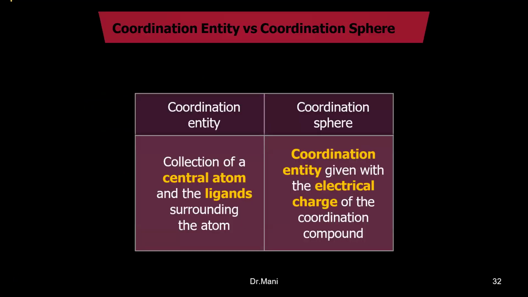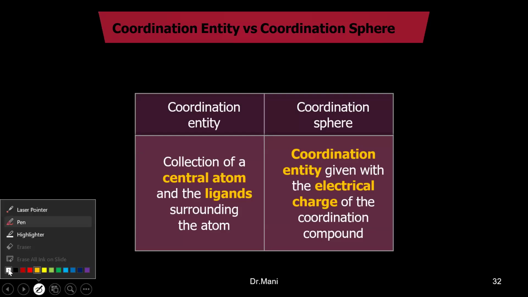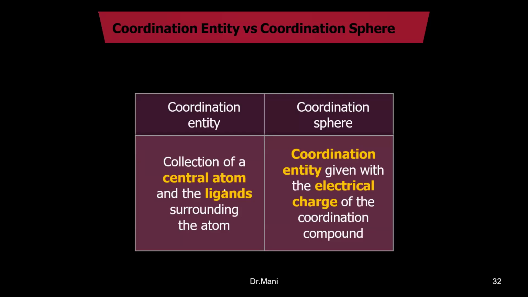Okay. So see here, what is the difference between the coordination entity and coordination sphere? Coordination entity, it's a collection of the central atom and the ligands surrounding the atom. Okay. Whereas the coordination sphere is the coordination entity given with electric charge. That means you don't include the charge here. It is a coordination entity.